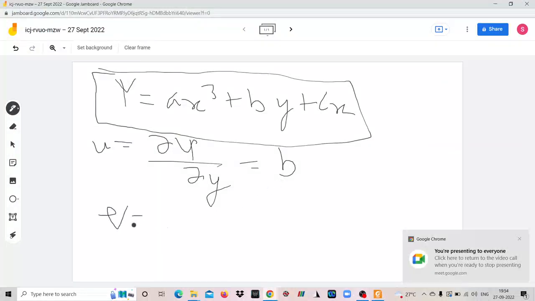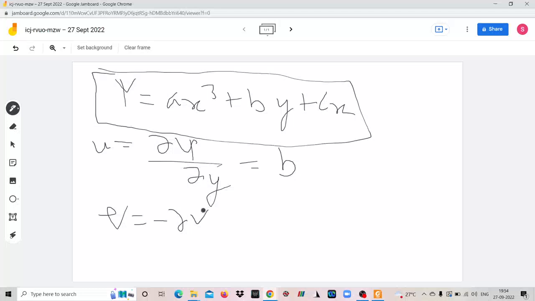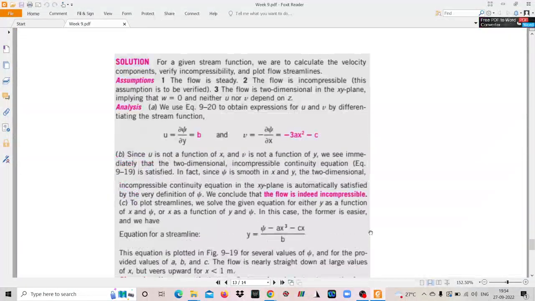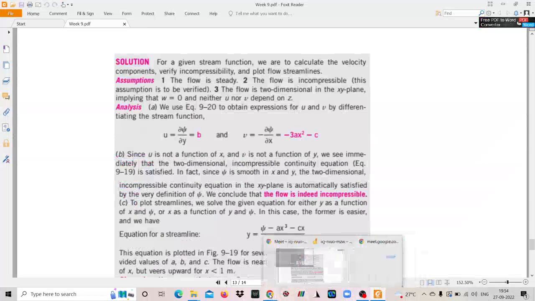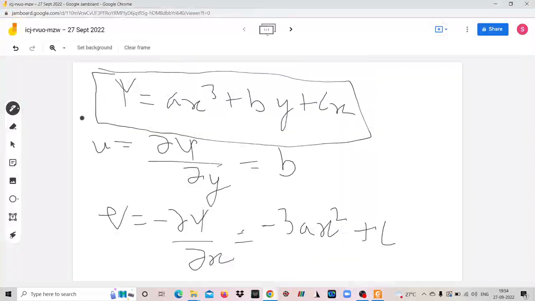Similarly, v is equal to minus of del psi by del x, so minus of 3a x square plus c. Oh sorry, it will be minus of 3a x square minus c, because it is minus of del psi by del x.